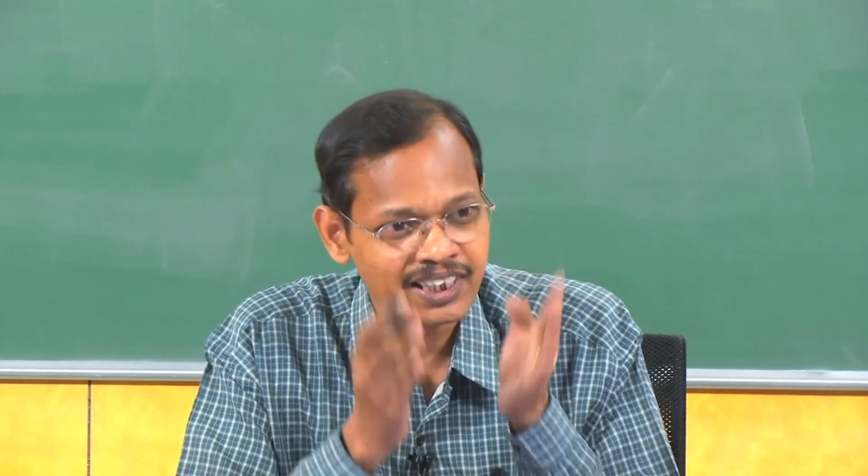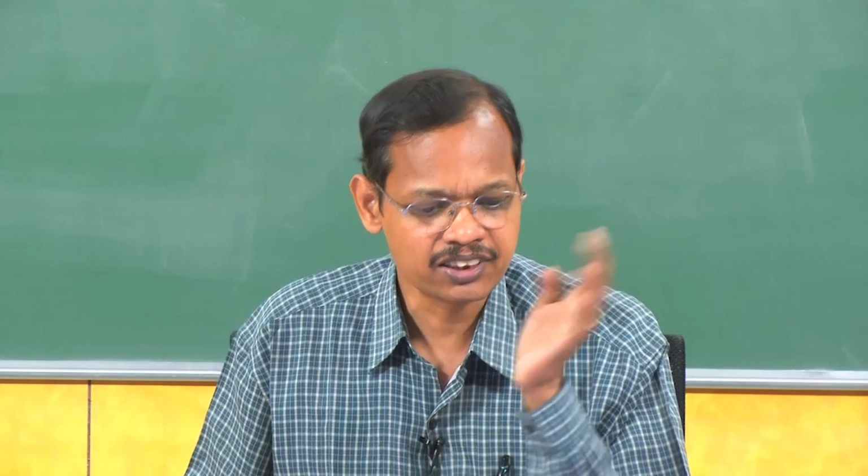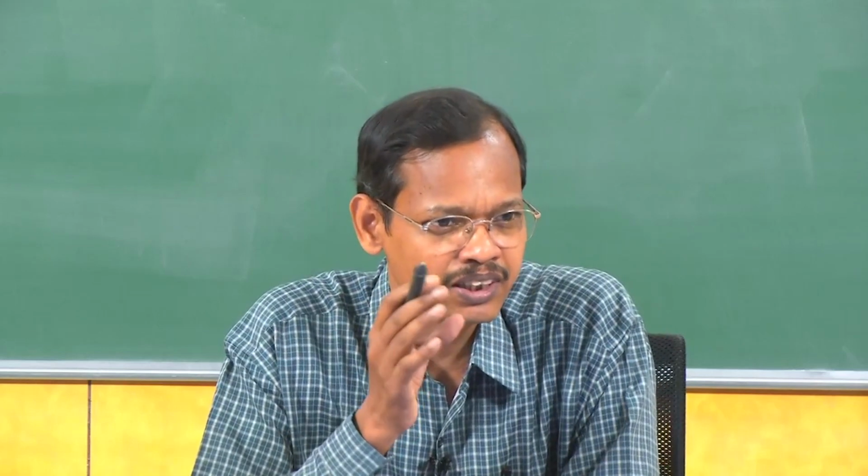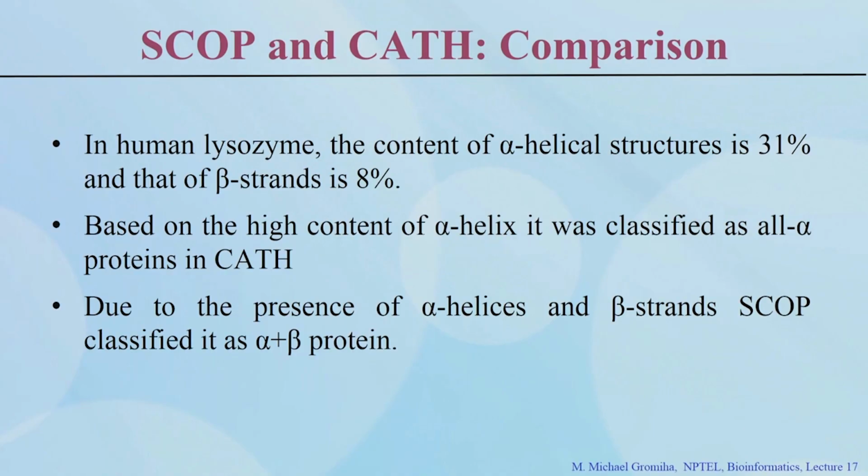If we consider the high helical content, then this can be classified as all alpha. So, in the case of human lysozyme, if you look into the contents, alpha helical structure is 31% and beta strand is 8%. So, it is high content of alpha, more than 30%, and classified as an all alpha protein in CATH.